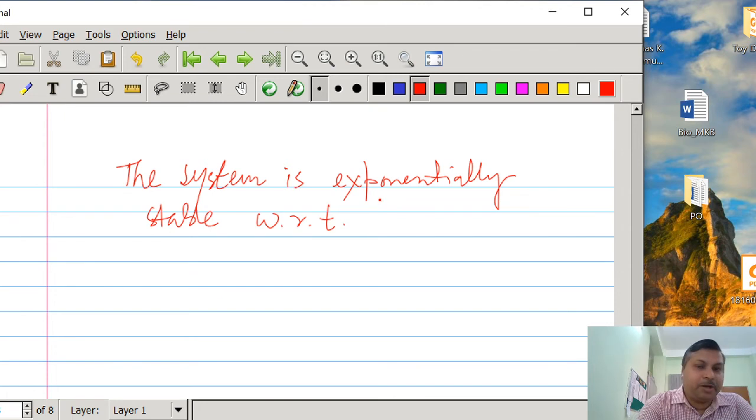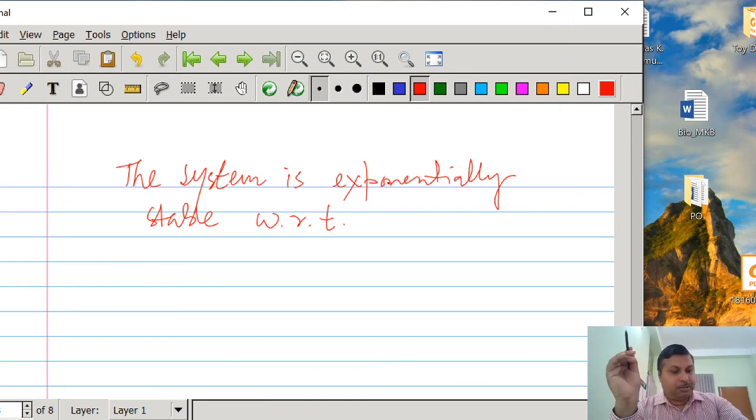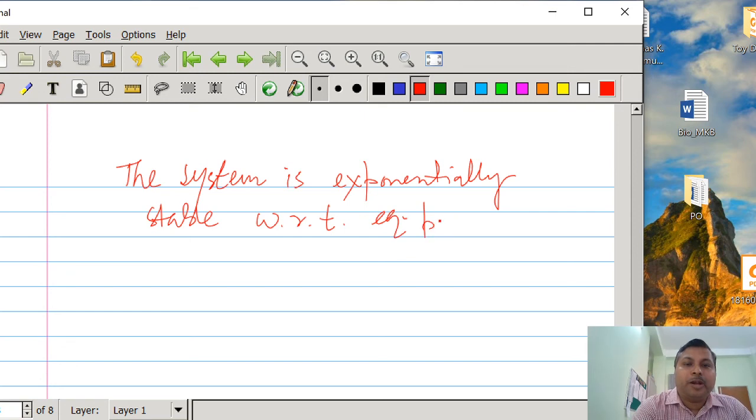That equilibrium point we have not computed, I think. And if it is exponentially stable, then definitely it will be asymptotically stable, because exponential stability is a stronger notion than asymptotic stability.